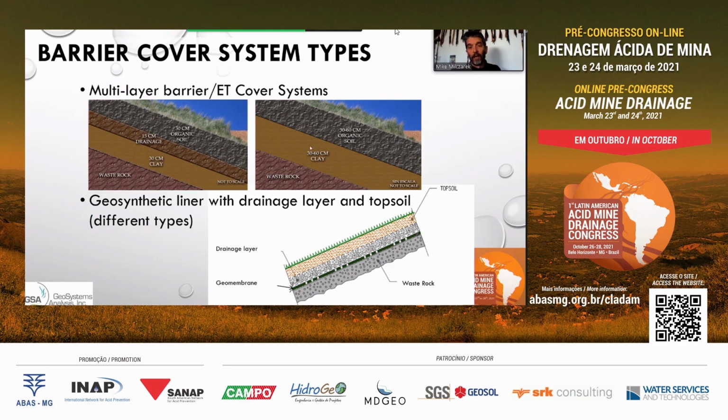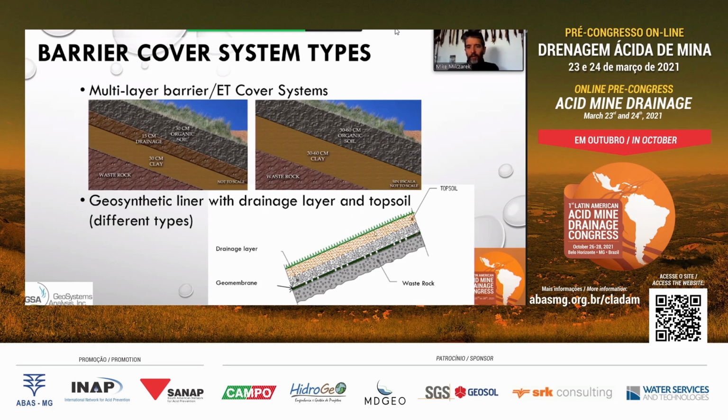But what we've seen is that with these systems, there's not a huge advantage over just a monolayer cover system, typically, because you have to get water out. So either it goes out the drainage layer, or it goes out as runoff. And so you might actually cause erosion problems if you have very good low permeability clay.